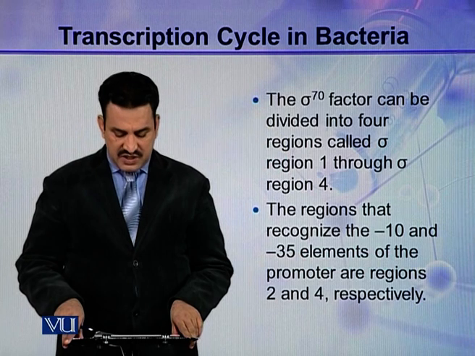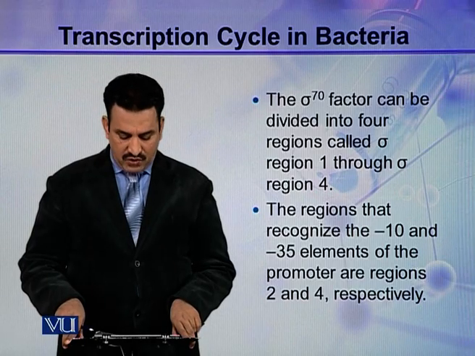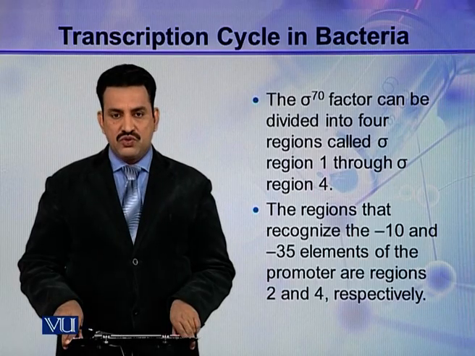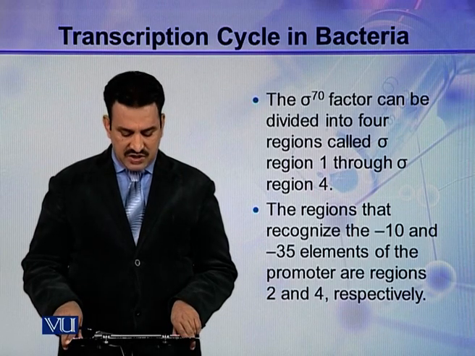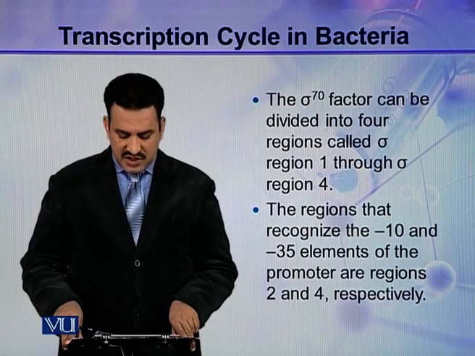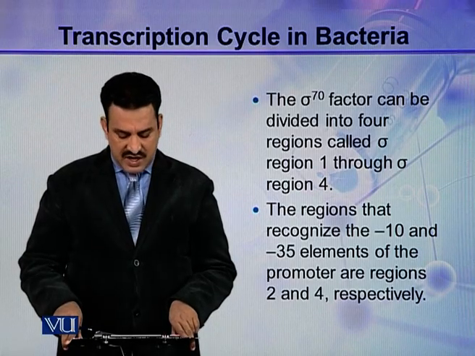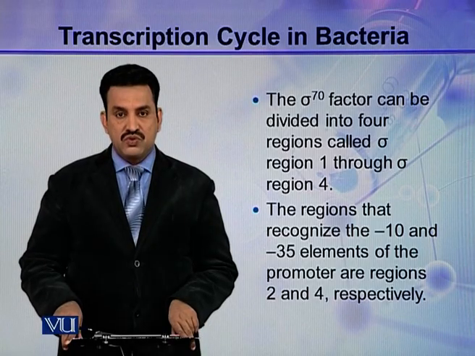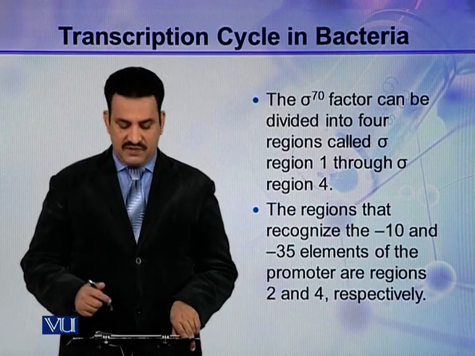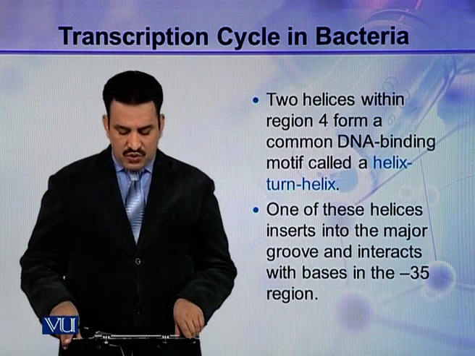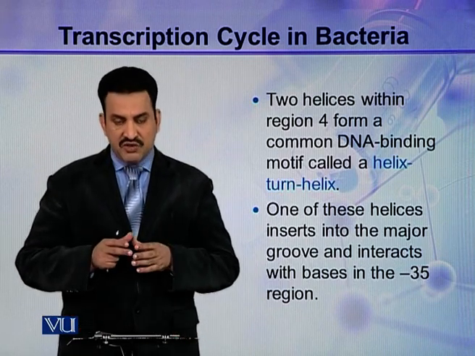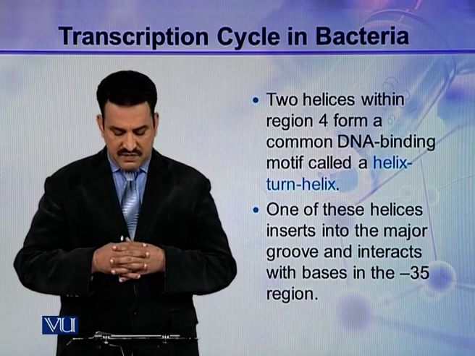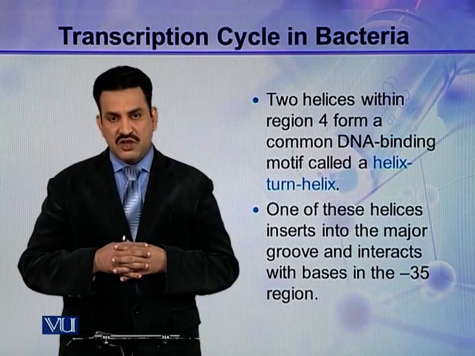The sigma 70 factor can be divided into 4 regions called sigma region 1, sigma region 2, sigma region 3, and sigma region 4. The regions that recognize the minus 10 and minus 35 elements of the promoter are regions 2 and 4 respectively. 2 helices within region 4 form a common DNA binding motif called a helix turn helix.